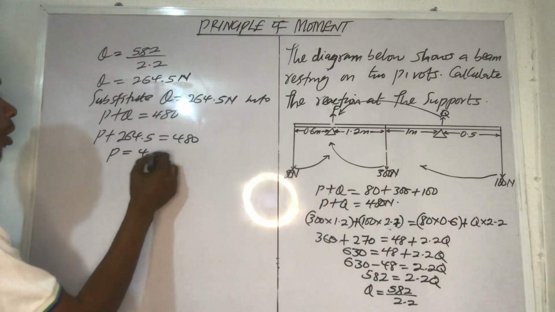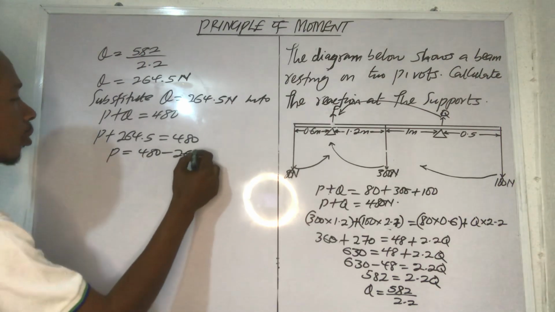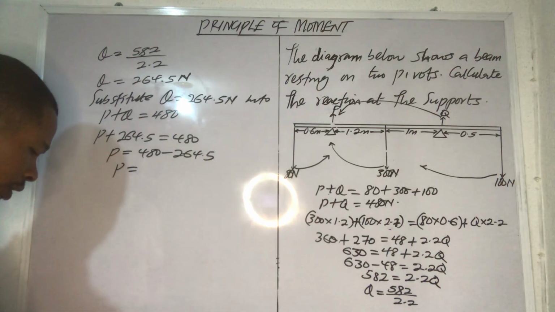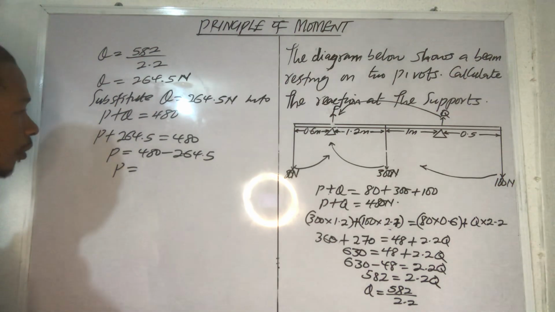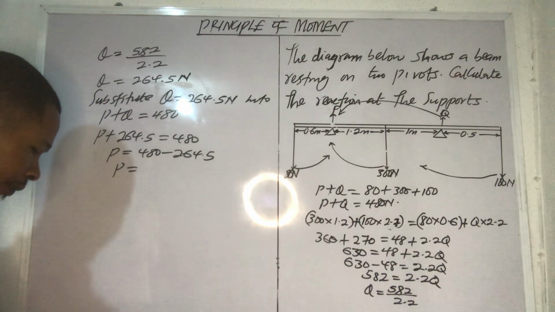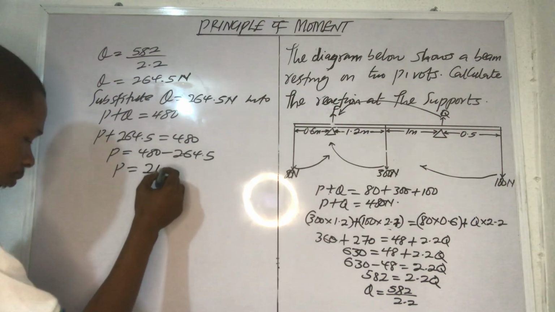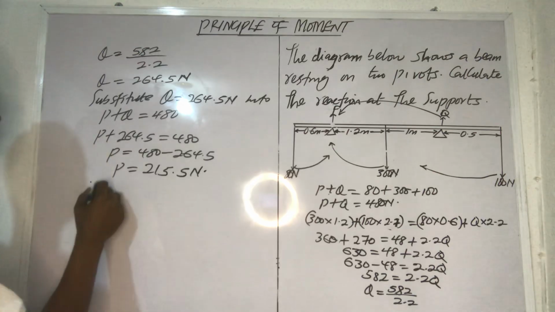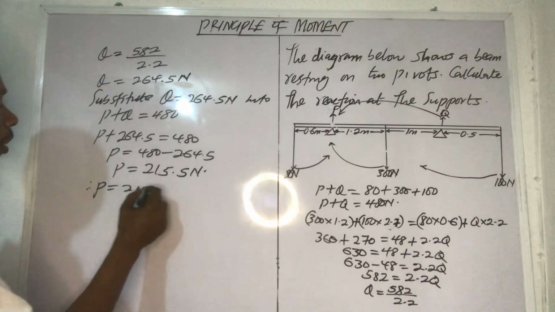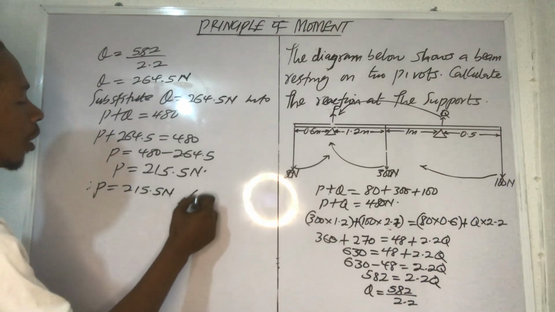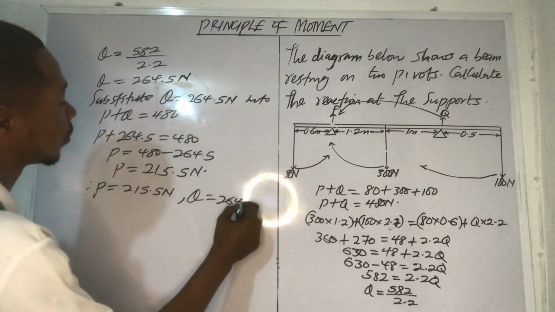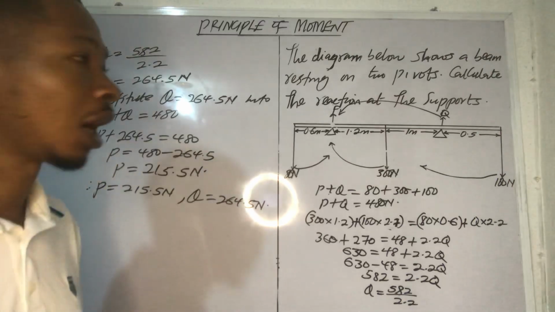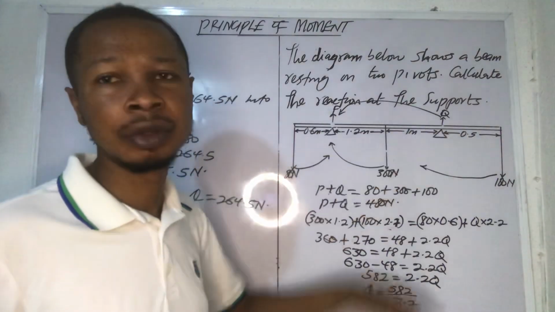Then P is equal to 480 minus 264.5. That will give me 215.5 Newton. Therefore, our P is 215.5 Newton, while Q is equal to 264.5 Newton. So these are the reactions at P and Q respectively.